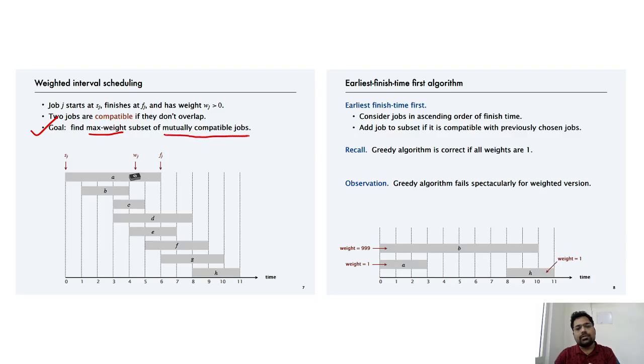The aim is to find a maximum weight subset of mutually compatible jobs. Again, I must say what compatible jobs are. Suppose these are the set of jobs. Here sj stands for the starting time of each job, wj is the weight assigned to each job, and fj represents the finishing time of that task. j stands for the task name.